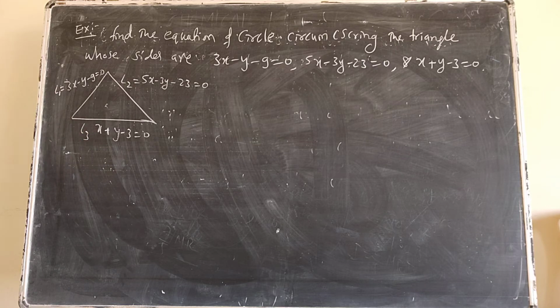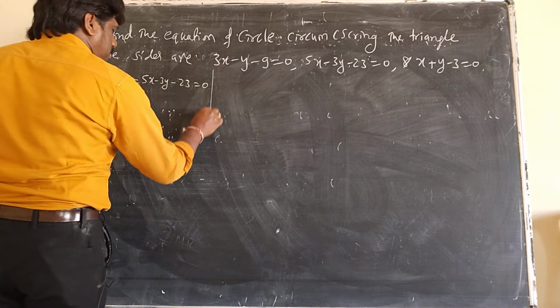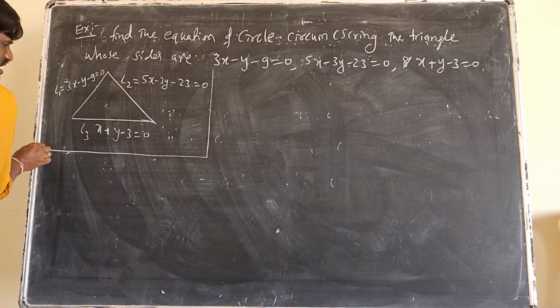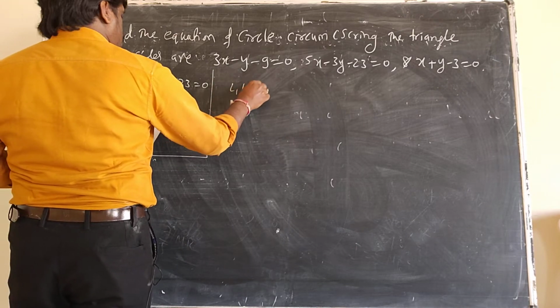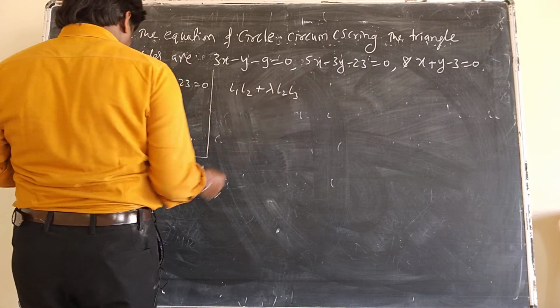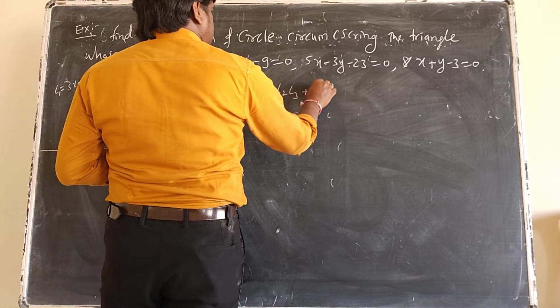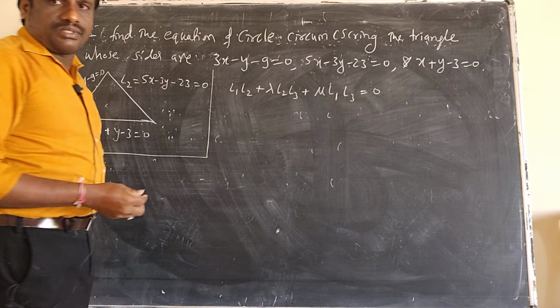Now we have the condition, which you all know, for becoming the family of circles. What is the formula? L1 L2 plus lambda times L2 L3 plus mu times L1 L3 is equal to 0. Let us substitute here.